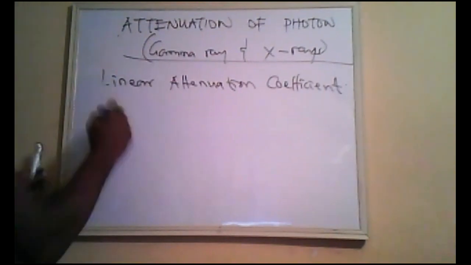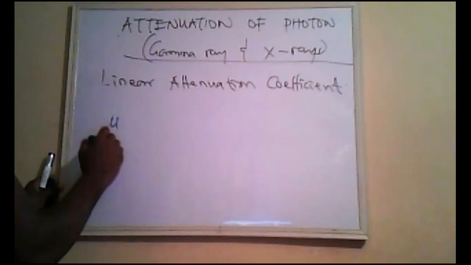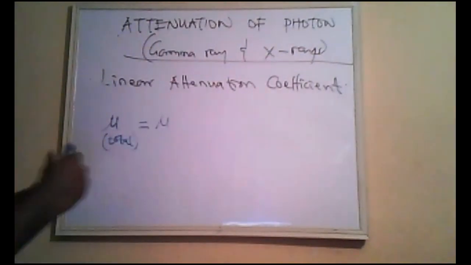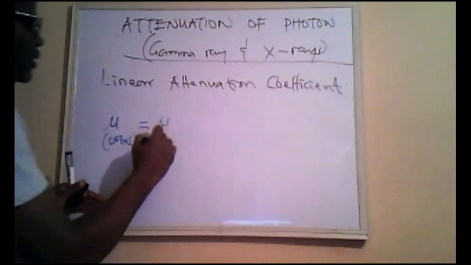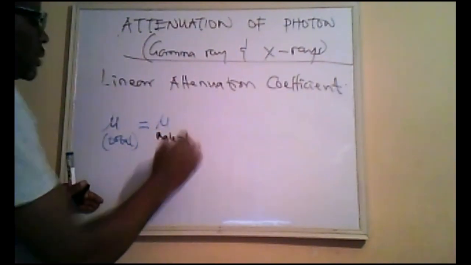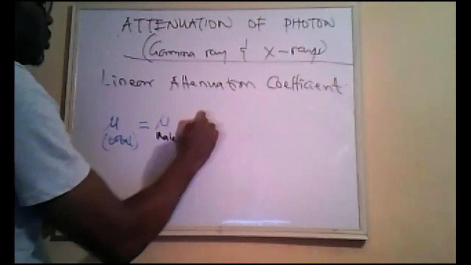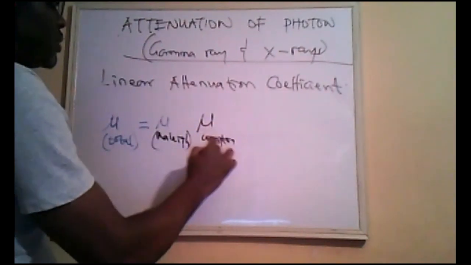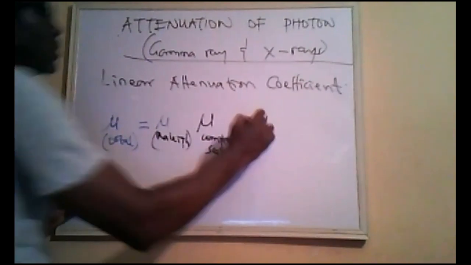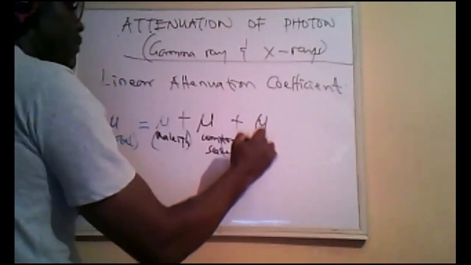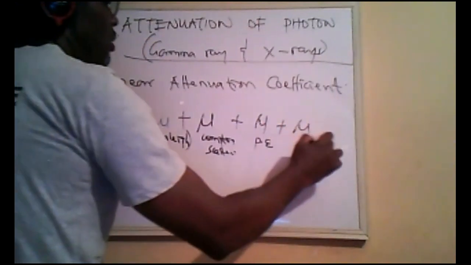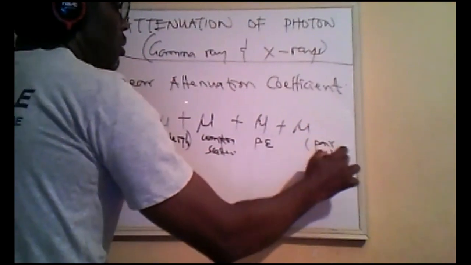So in totality, the total linear attenuation coefficient is just a simple summation: the contribution by Rayleigh scattering, plus the contribution by Compton scattering, plus the contribution by photoelectric emission, and then the contribution by pair production.